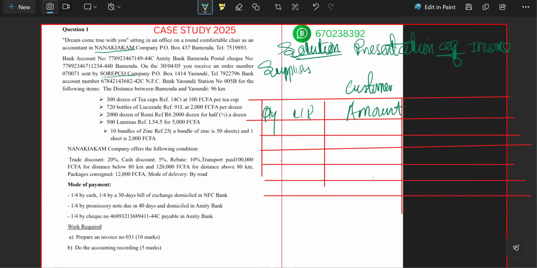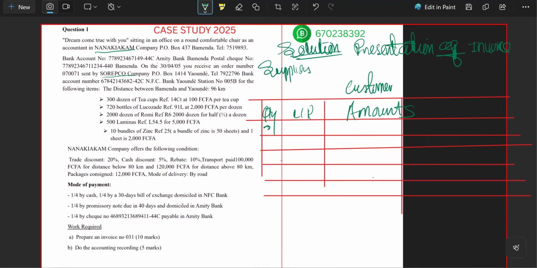We have amount. On the amount, the first one that we have is 300 dozen of tea. So the quantity here should be 300 times 12 because we have a dozen.